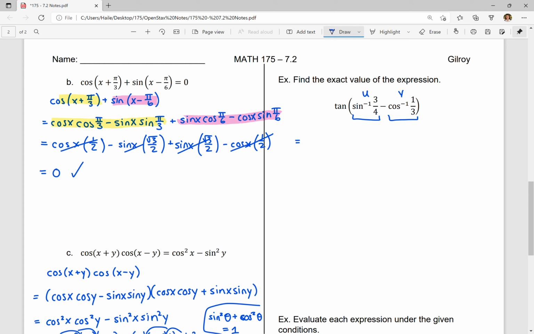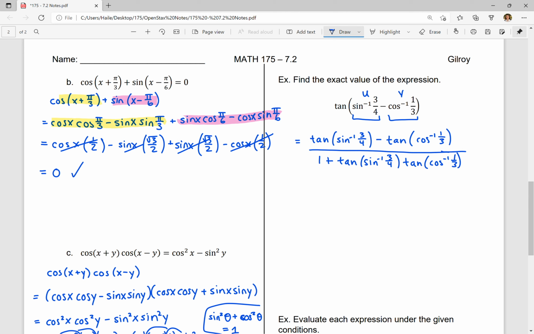So what that'll give me is I'll have tangent of sine inverse of 3/4 minus tangent of cosine inverse of 1/3 divided by 1 plus tangent of sine inverse of 3/4 times tangent of cosine inverse of 1/3.